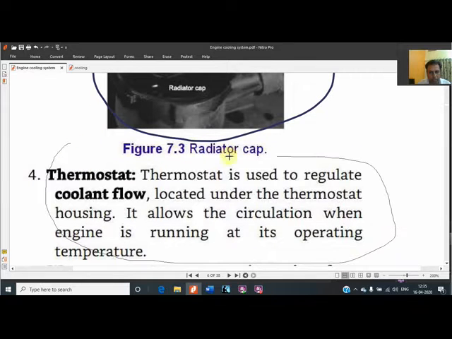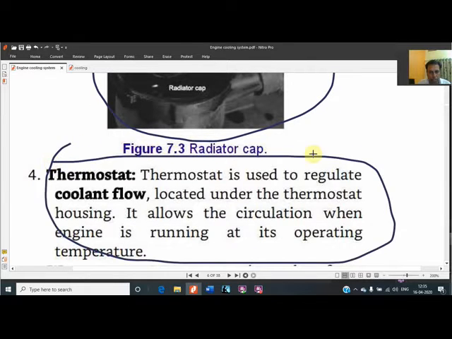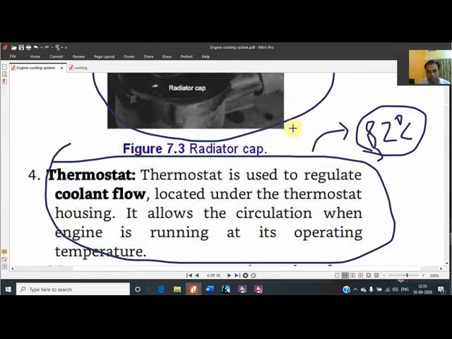The thermostat is an important part, because the engine cooling system should only start after some time. When we start the engine, if the cooling system starts, the engine temperature will go down right at the start, and the engine won't start properly. So after a certain duration, as the temperature of the engine increases, which ultimately increases the temperature of the coolant, this temperature causes the coolant to flow through the radiator, because initial cooling of the coolant is not at all required.